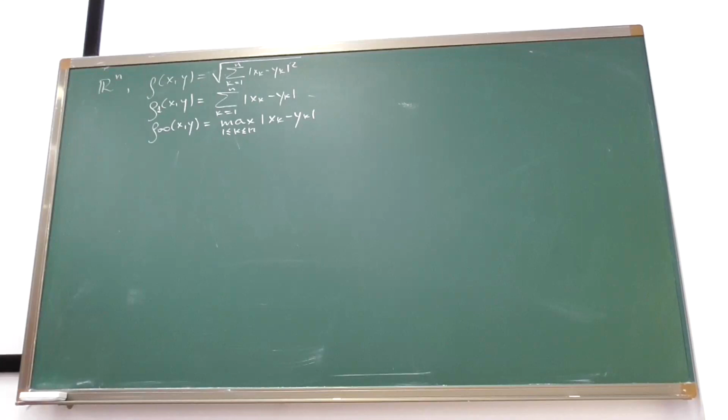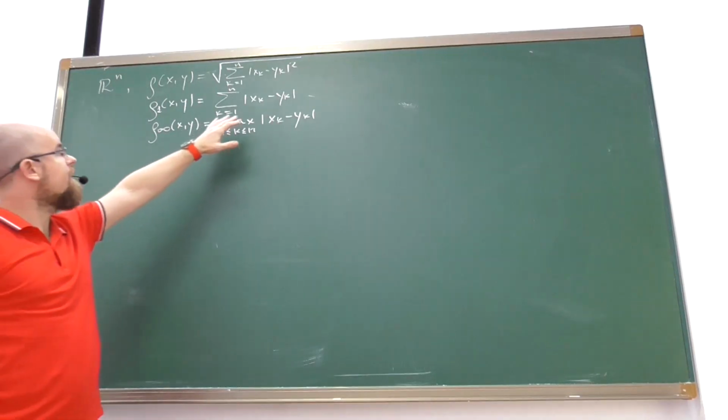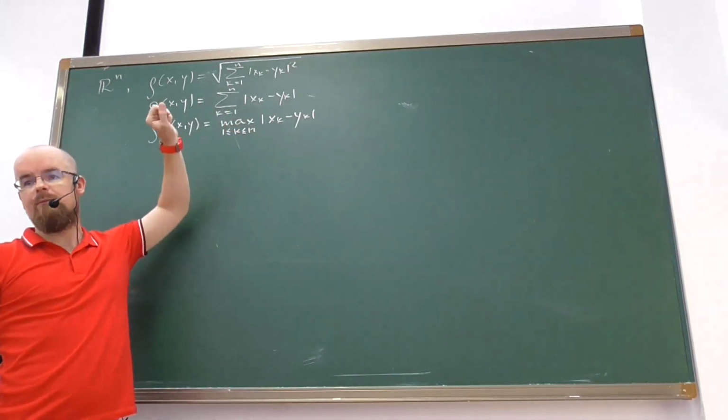In the first lecture, we have introduced the notion of the metric space and considered several examples of metric spaces. In particular, we considered the space Rn with several metrics. So here we just take the absolute value and sum them up.